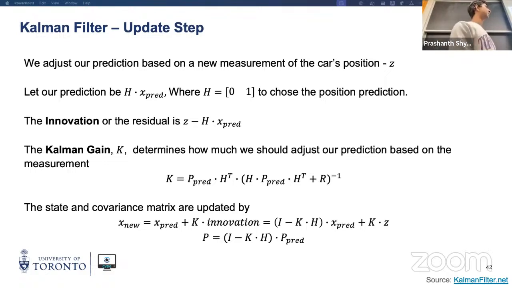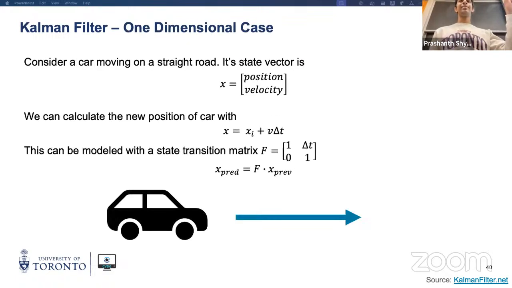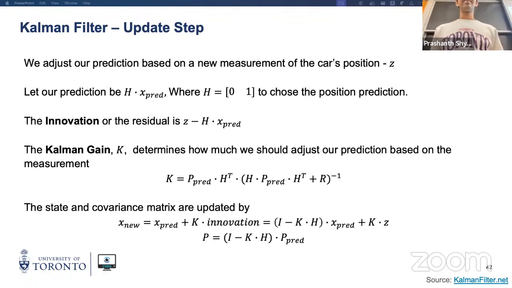So I multiply it with H, and actually it should be 1, 0. My bad, it should not be 0, 1, it should be 1, 0. That gives us the first value of X, which is the position.